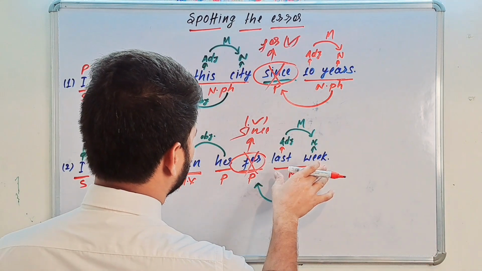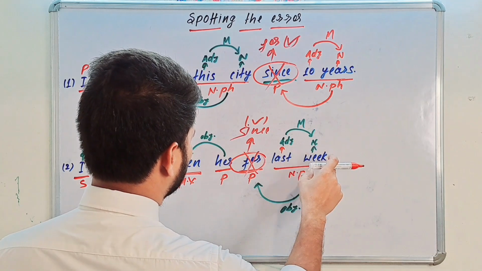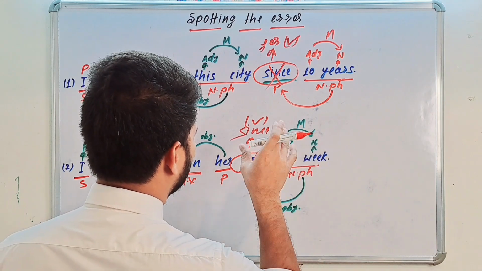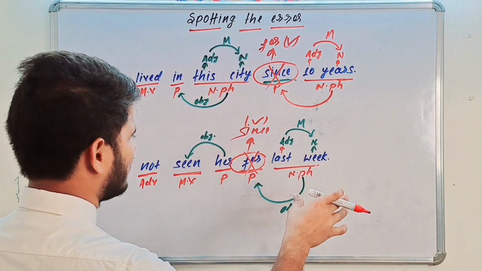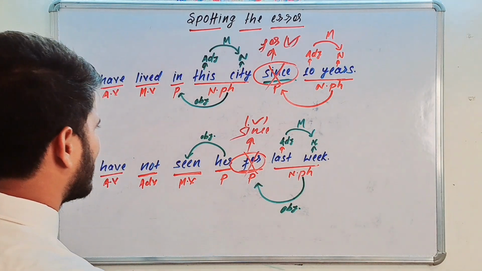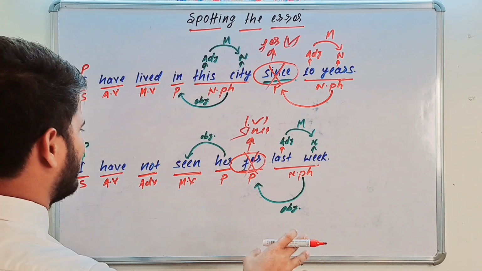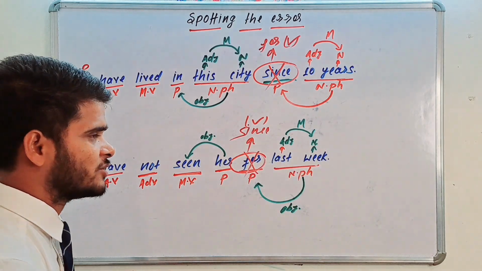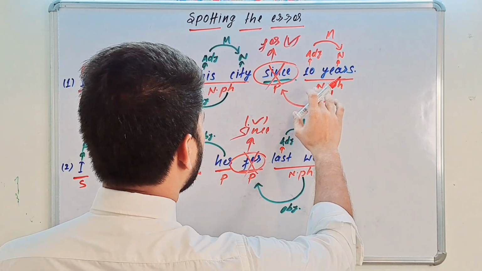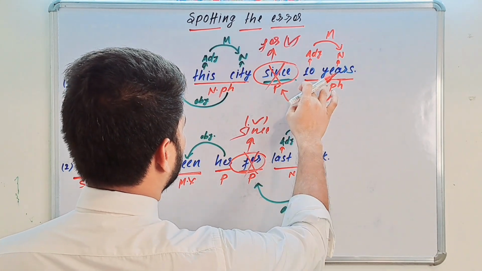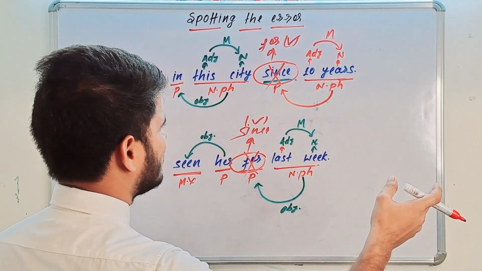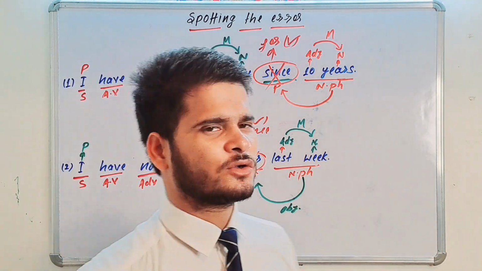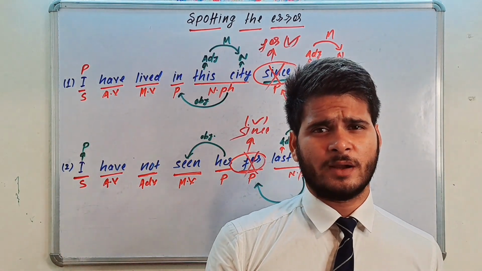Last week is a noun phrase, last is an adjective and week is the noun it qualifies. The object of the preposition, because the preposition is followed by a noun phrase. Like 10 years, last week, where 10 is a numeral adjective of number. So I spotted the error part.